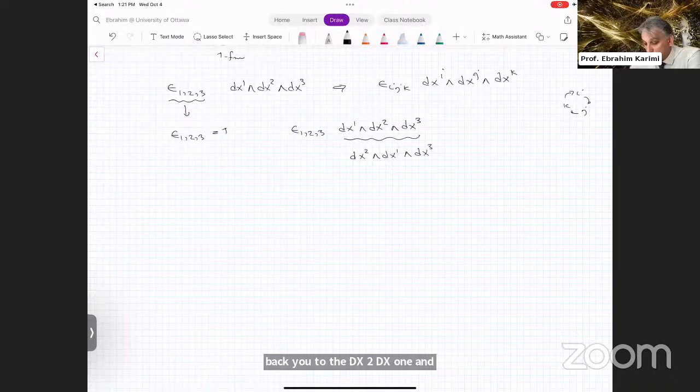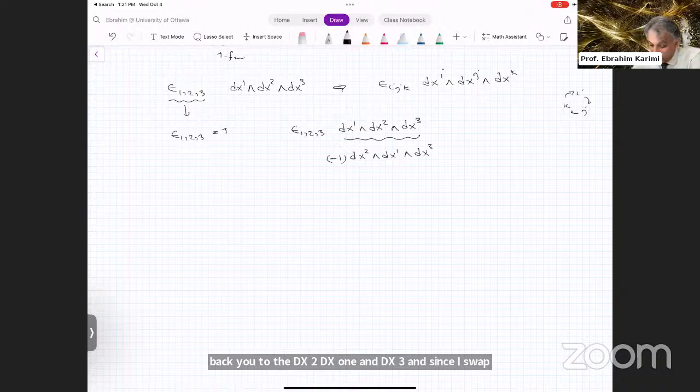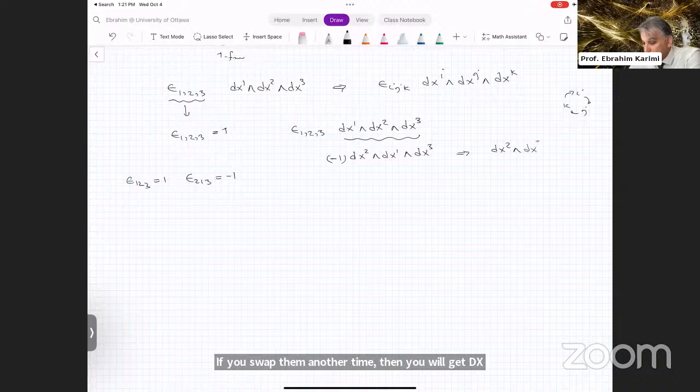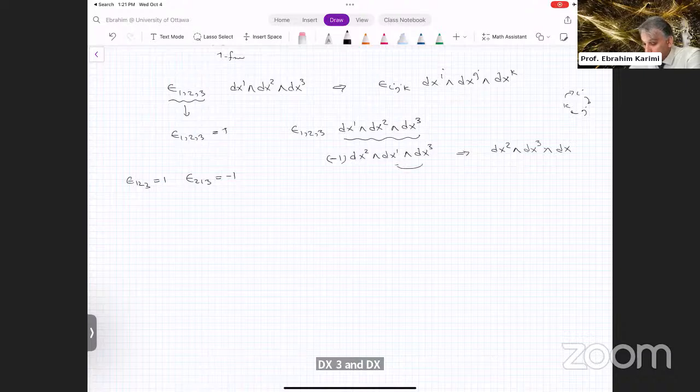Since I swap the first two, I have to go with a minus sign. So immediately I get the result that epsilon 1, 2, 3 is equal to 1, but epsilon 2, 1, 3 is equal to -1. If you swap them another time, then you will get dx2, dx3, dx1. I'm swapping these two together.